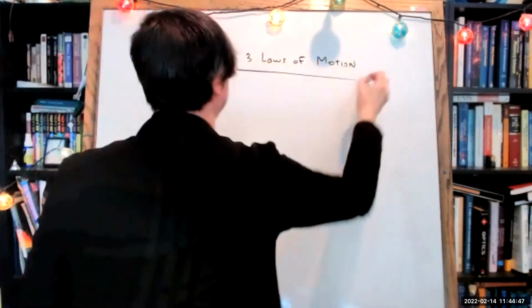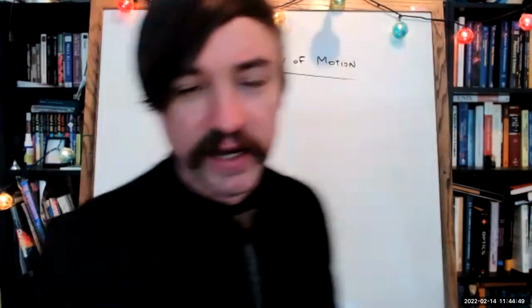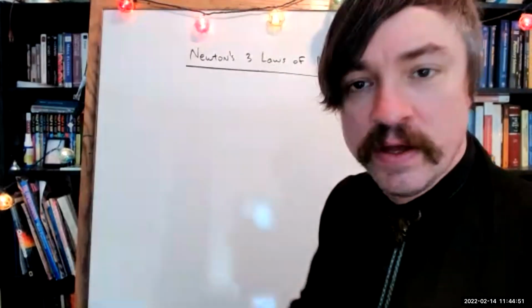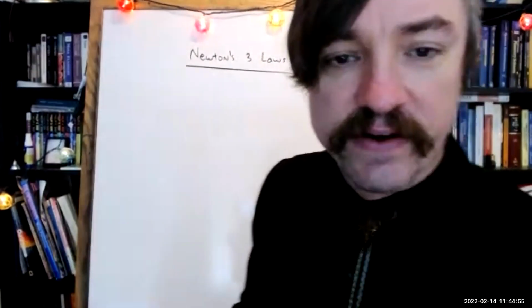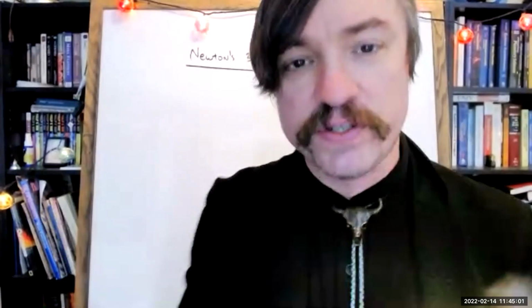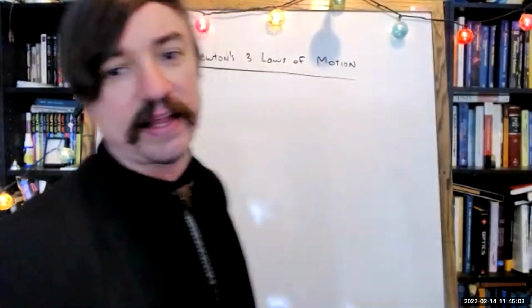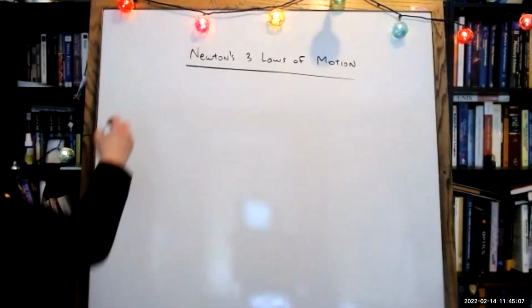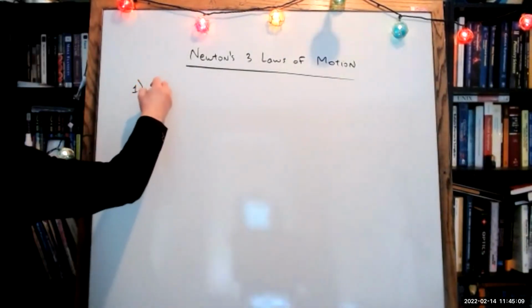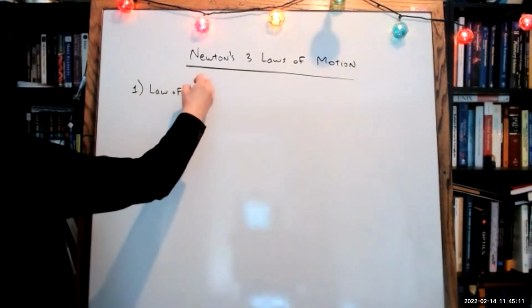which were laid out in the Principia Mathematica in the 1600s as not only a refutation of the physics of Aristotle, but also as a guidebook for how we can understand forces and how forces cause things to move and accelerate. These are a classic, okay? The first law is known as the law of inertia.